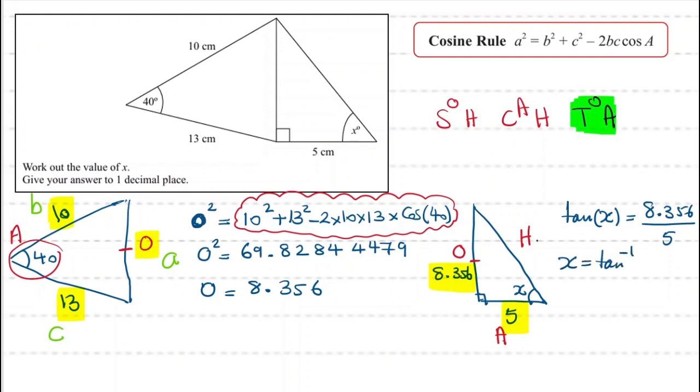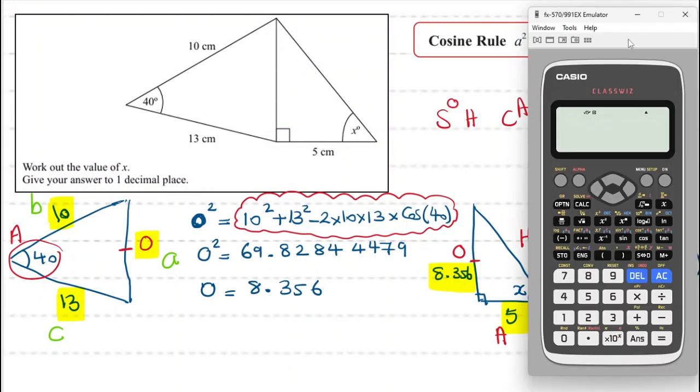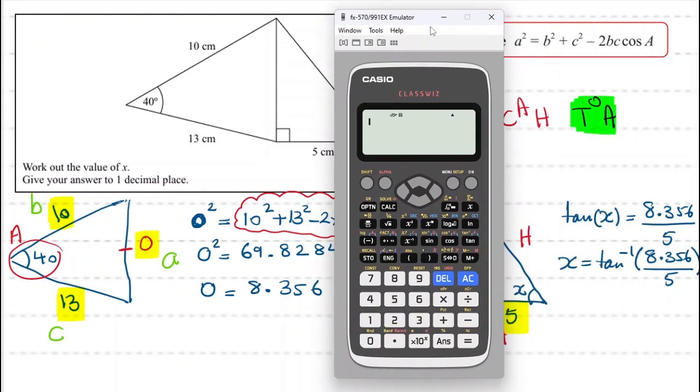In order to get the value of x, we need to use tan inverse. And in brackets, we write 8.356 over 5. And to type this in our calculator, we must use shift and then tan, which gives us tan inverse.